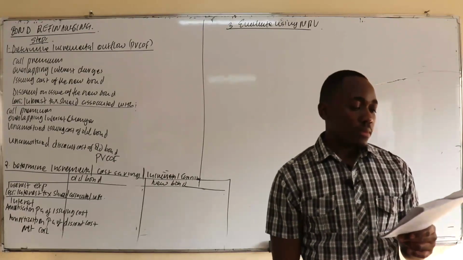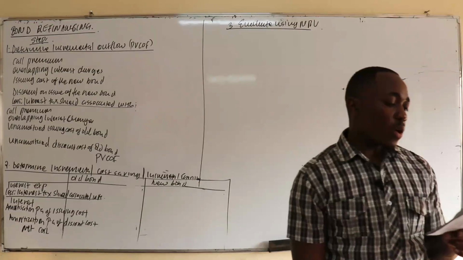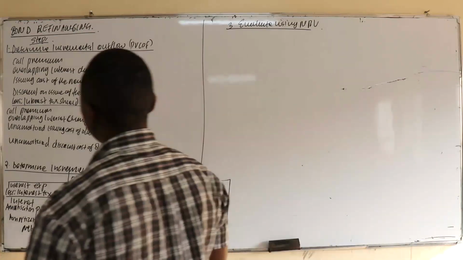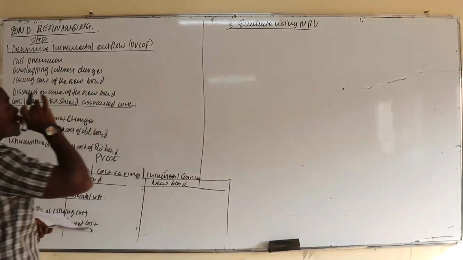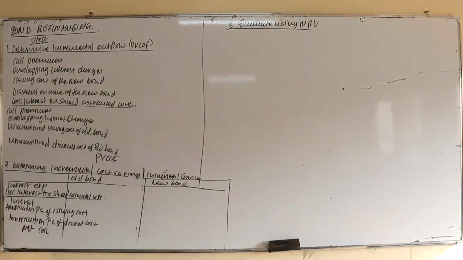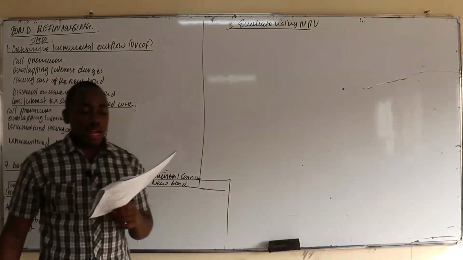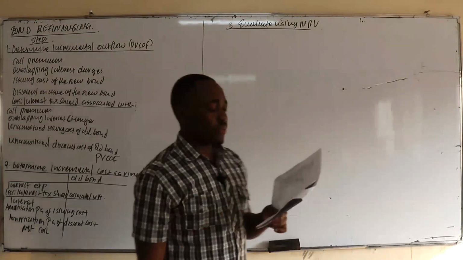Required: cash investment required for the refinancing decision. Cash required for the refinancing decision. So let's begin here. That's step number 1. You determine the incremental outflow, and that's the cash required to refinance. We say that you take call premium. How much is the call premium? Let's go to the 4th paragraph.